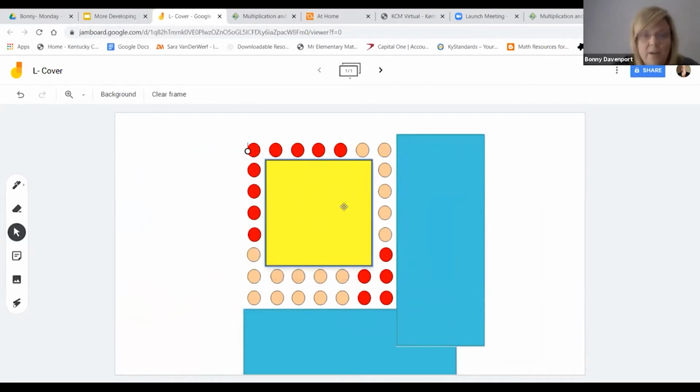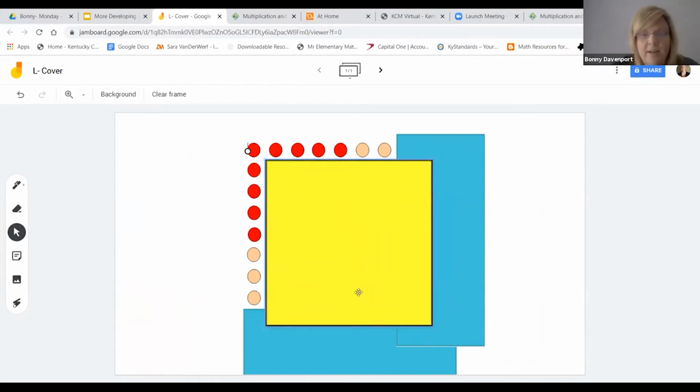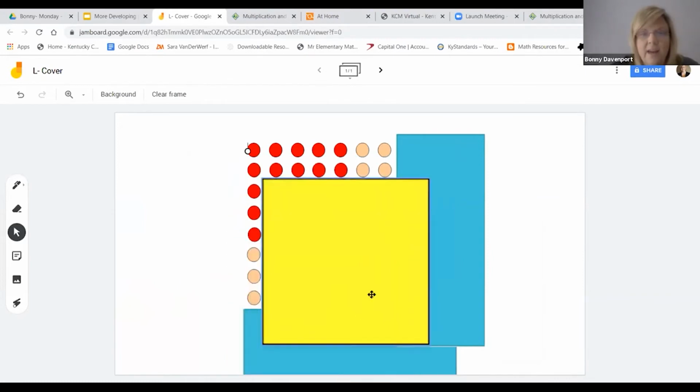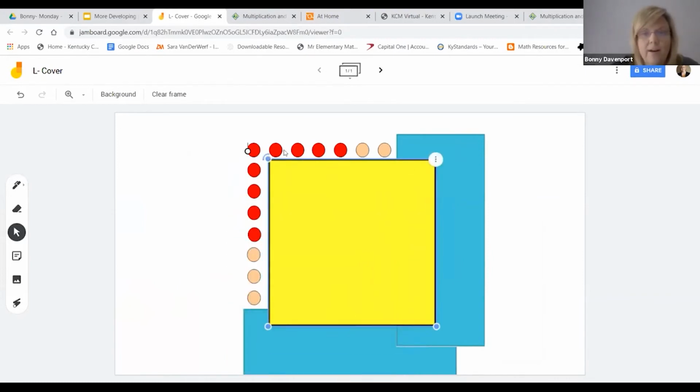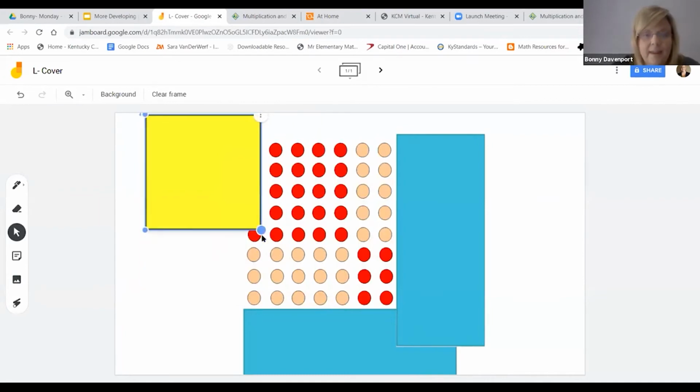And then again, you could cover as much as you want to of it. You can go down the rows like she did in the video, or you can just cover part of the arrays and look at what that multiplication sentence would be.